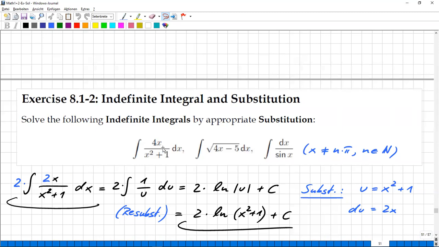Otherwise, just imagine the whole substitution technique would not exist. The only chance you would have is finding, just by trying, a function which has a derivative equal to this rational function here.